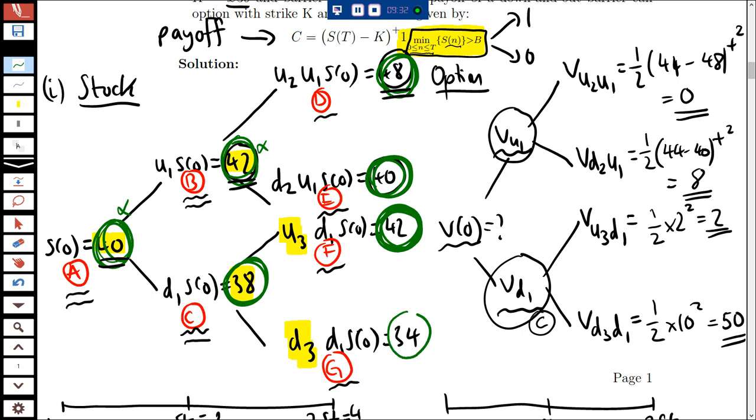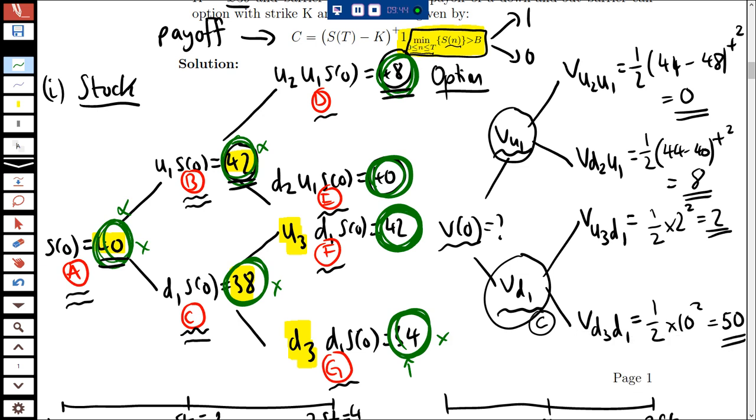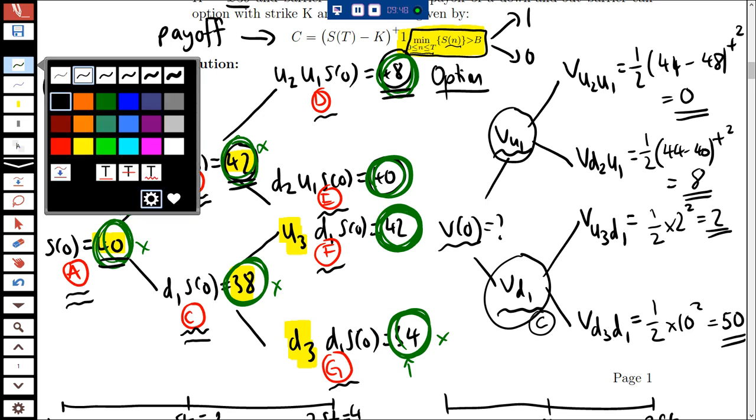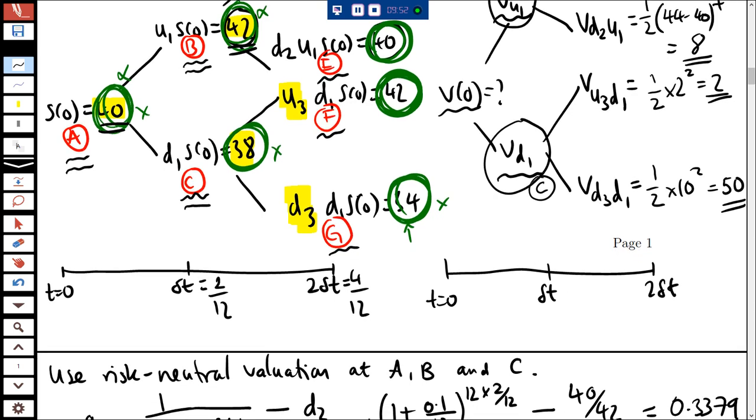And finally, 34. The values we have are 34, 38, and 40. And the 34 is below the barrier. So for the final output, the condition doesn't hold, and we're going to have a 0 valuation.